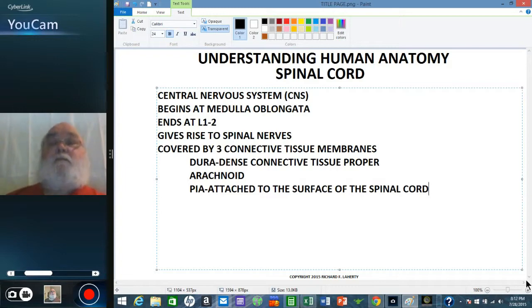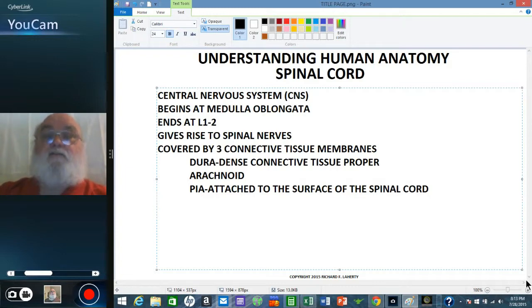You can see the difference if you look at a microscopic slide, but it is firmly attached to the surface of the spinal cord, and whenever the spinal cord is indented or projects, the pia will follow along with it.